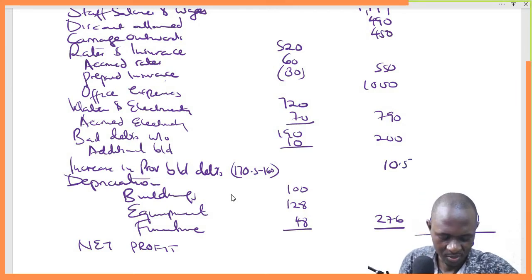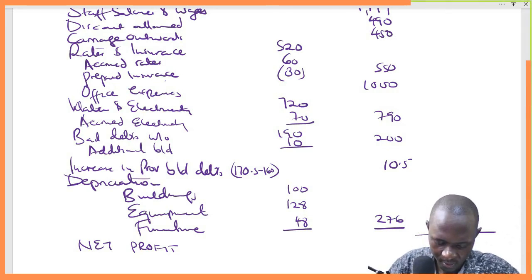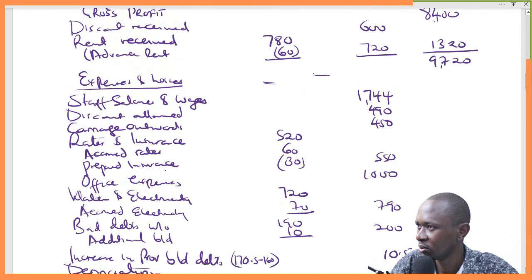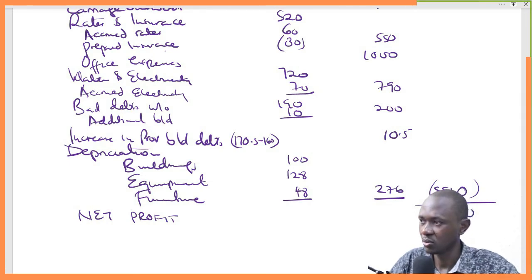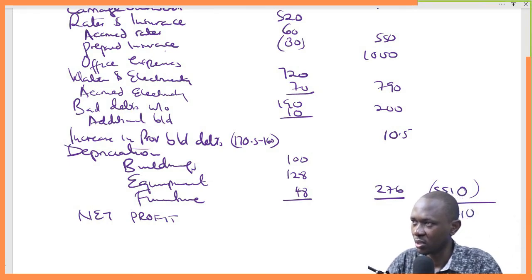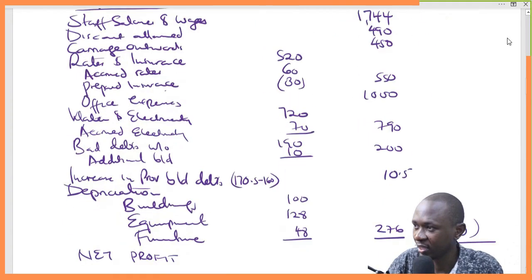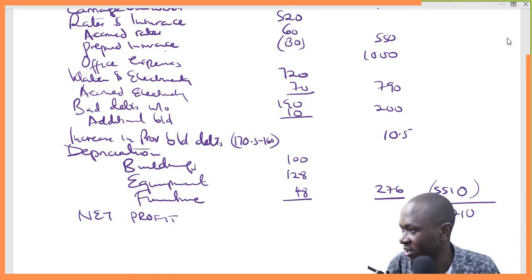So that will give us a total of 10.5. So let's just get this total again, make sure that we are right. Instead of 50, this will give us 0.5.